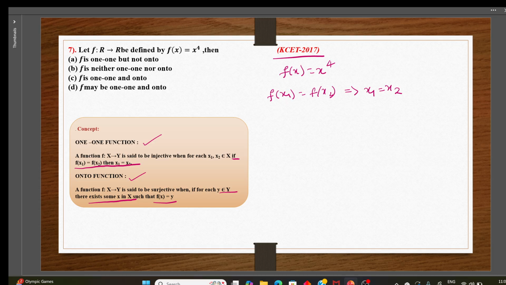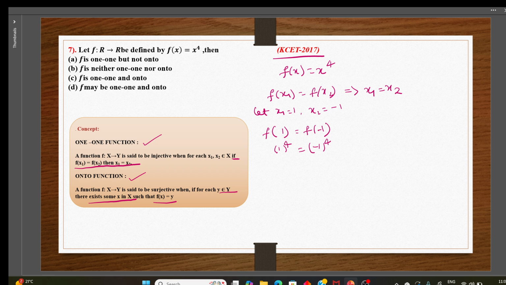For this problem, let x1 equal 1 and x2 equal minus 1. Then f of 1 is equal to f of minus 1. F of 1 means 1 to the power of 4, and f of minus 1 means minus 1 to the power of 4.